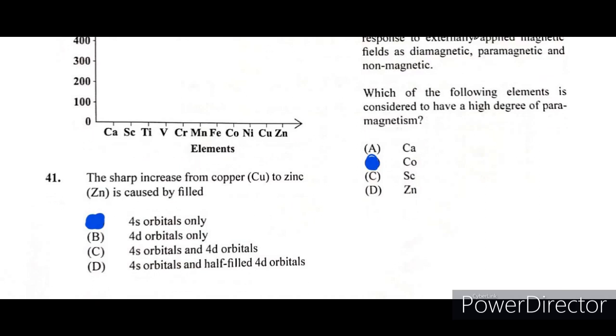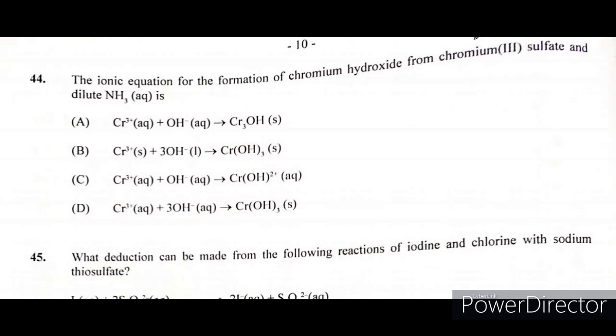All right, the ionic equation for the formation of chromium hydroxide from chromium 3 sulfate and dilute ammonia is... All right, chromium 3 aqueous, yes, OH, but this isn't the formula for this.